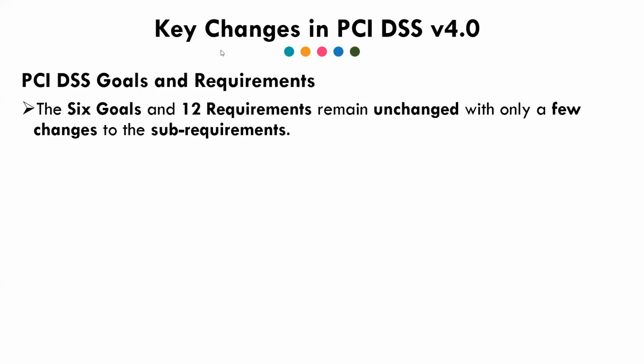That is the big change. For the 12 requirements and all their sub-requirements, there are a few changes when it comes to wording, and then also the numbering has been changed. But aside from that, we still have 6 goals and 12 requirements in PCI DSS.